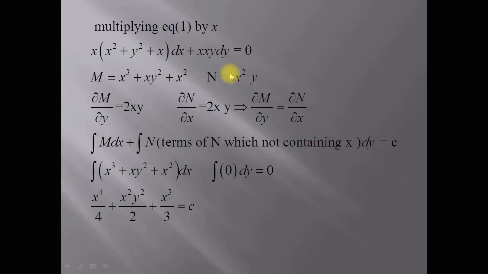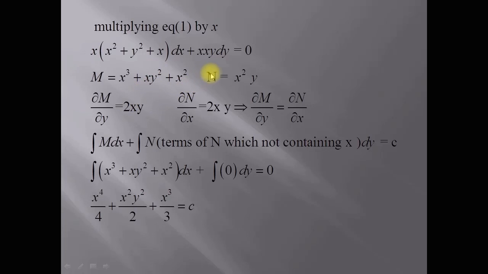Now to check whether this new differential equation is exact, taking the partial derivative of the M function with respect to y: here x cube is treated as a constant term, and x square is also treated as a constant term. So the derivative of these terms with respect to y is 0, and the partial derivative of M with respect to y is equal to 2xy.